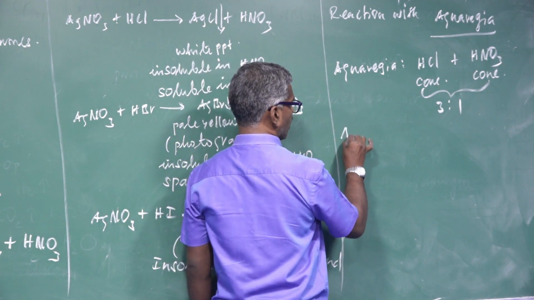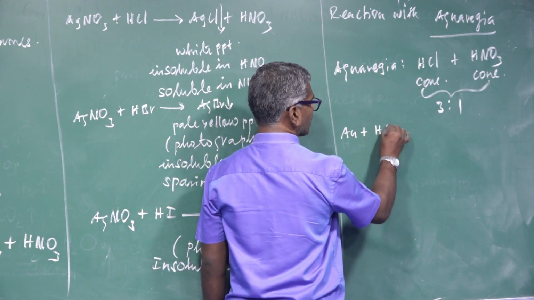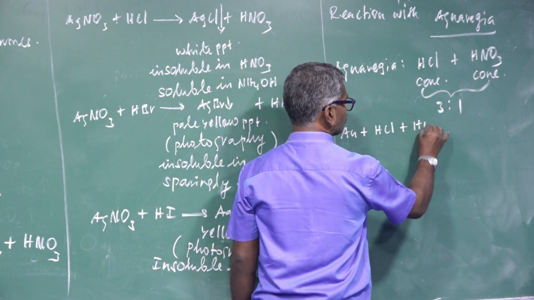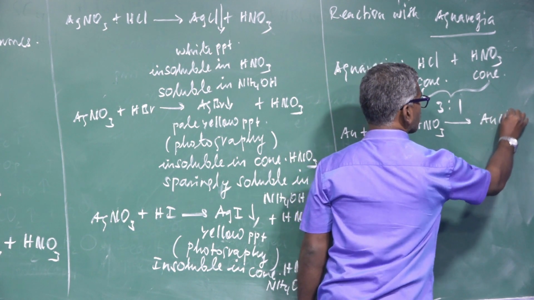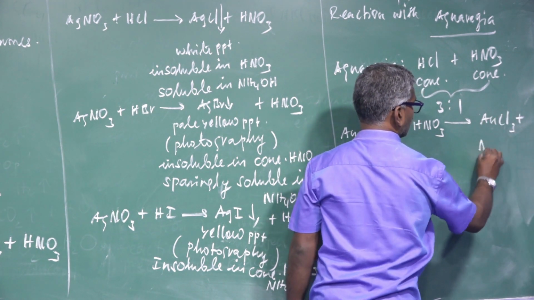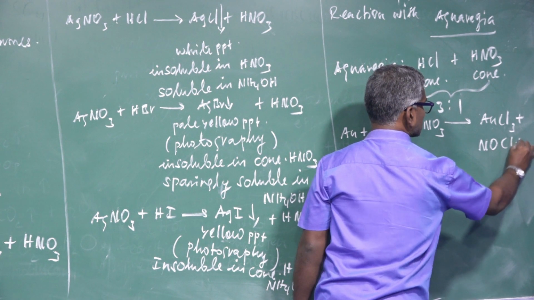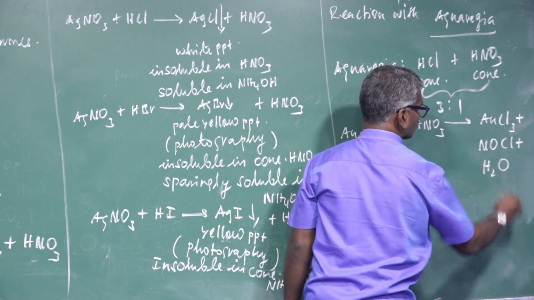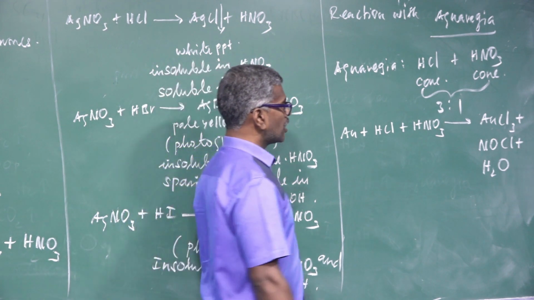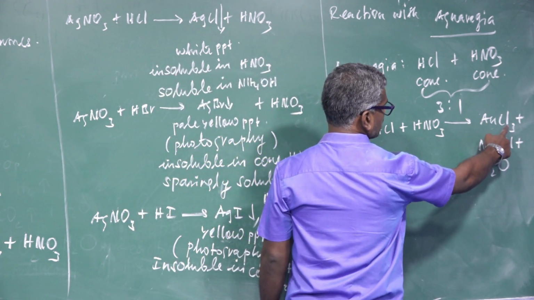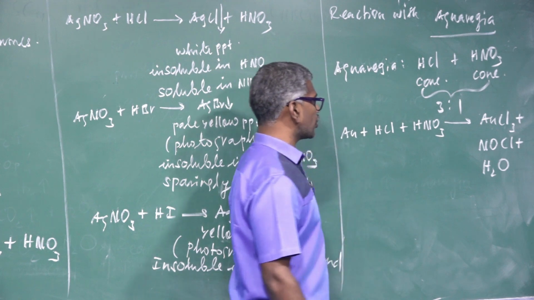For example, Au reacts with HCl and HNO3 to form AuCl3 plus NOCl plus H2O. These are the products. Balance the equation. Common chlorine is 3, here 1, 4 chlorine, here 4.